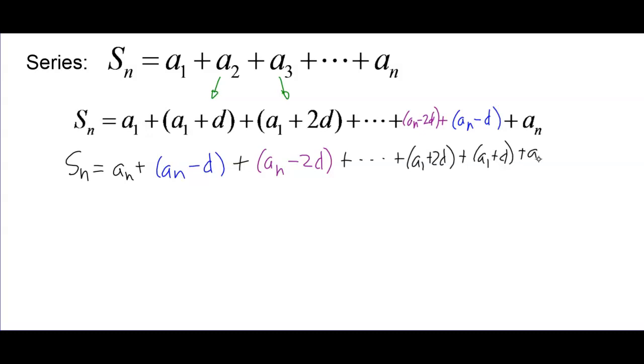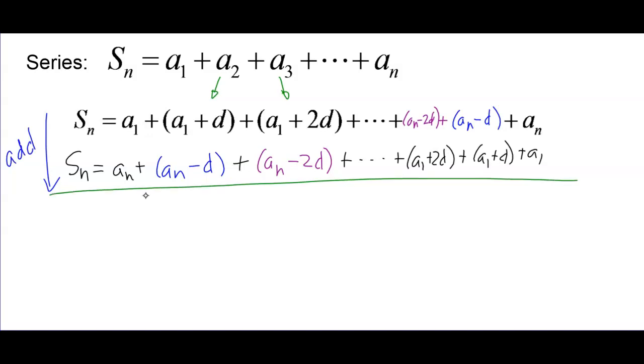And then, if we add these two copies together, what we get is, well, Sn plus Sn is 2Sn. And then over here, you get A1 plus AN from the first pair. And then notice what happens in the second pair. You've got A1 plus AN, and the D's just cancel out. So you get A1 plus AN again.